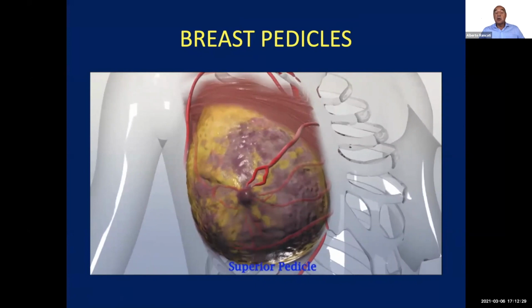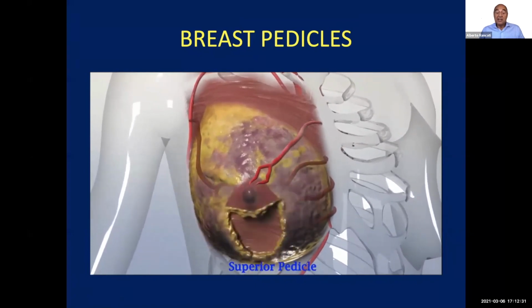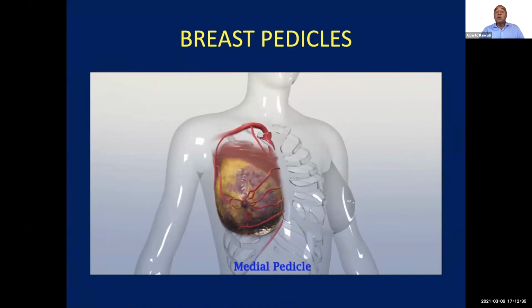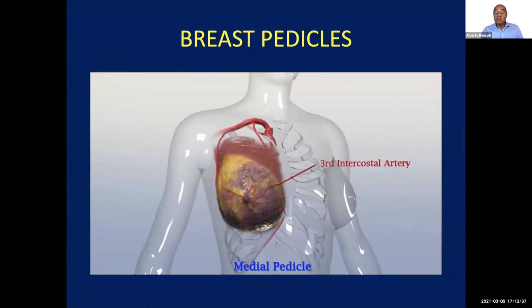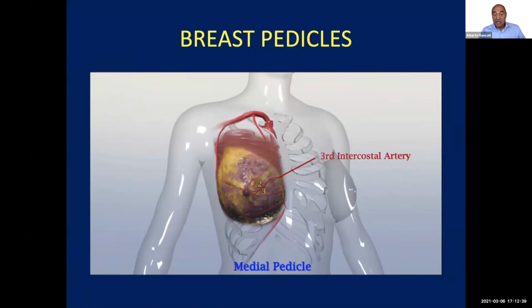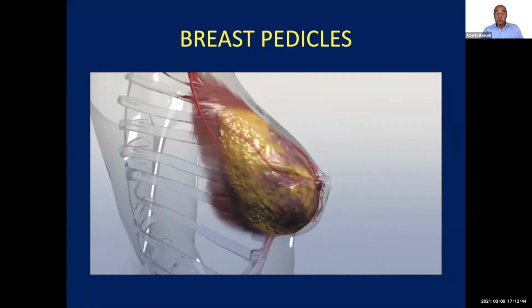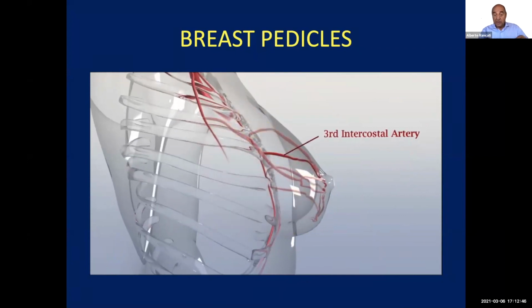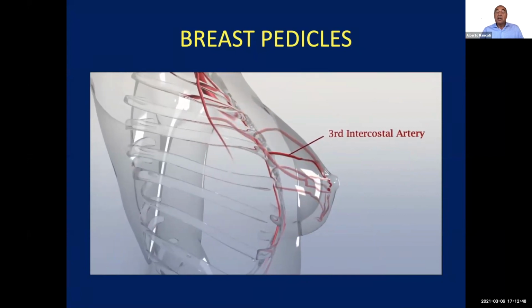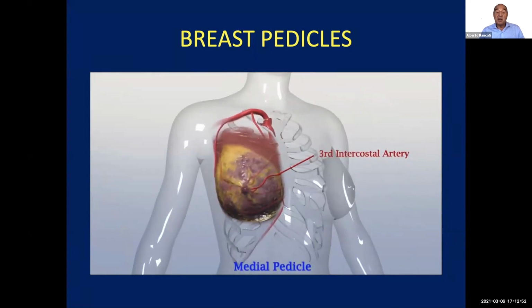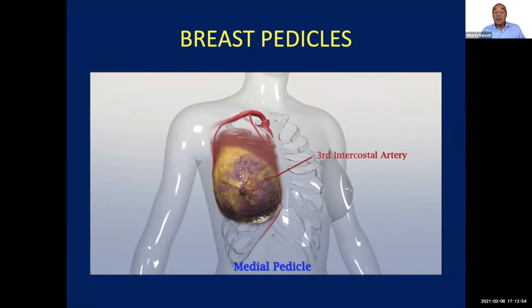The second intercostal artery is ideal for superior pedicle when you make a resection in hour 6, for example. The third intercostal artery is also very easy to locate if you can draw it over the skin. It's also one of the perforators that you need to preserve if you want to make a medial pedicle.